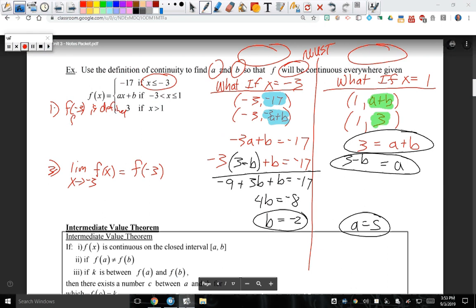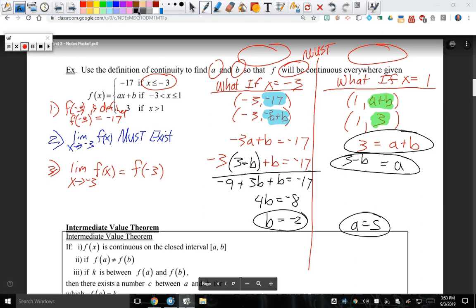So we're going to put f of negative 3 equals negative 17. Here comes the second part. We need to show that the limit exists, and we're saying that it must exist. So we're going to say the limit of f of x must exist as it approaches negative 3.